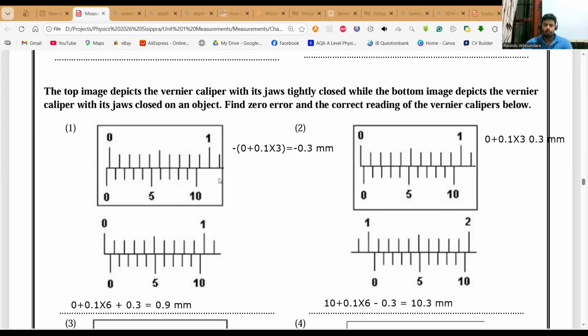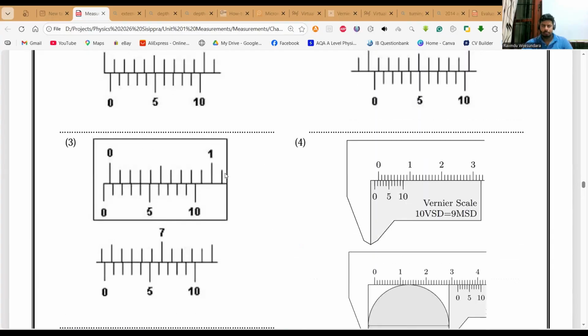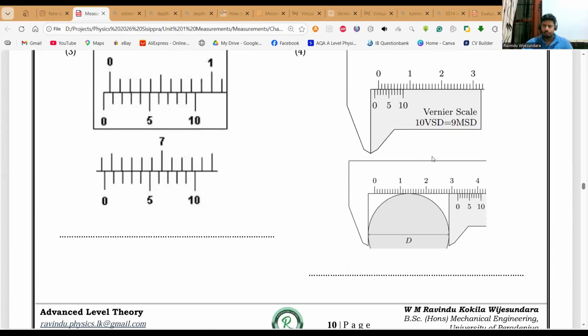Right. We'll do the other example. So you have two examples here. Question number 3 and 4.